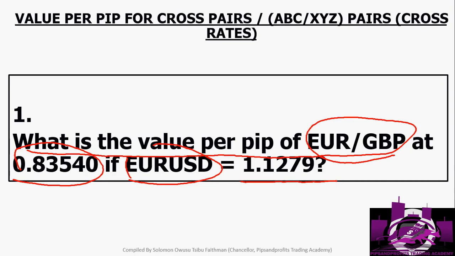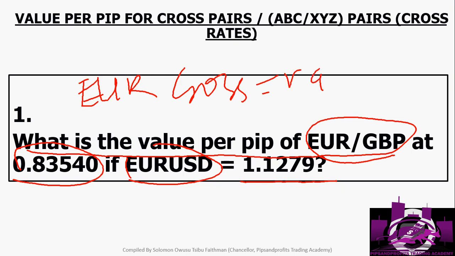Now, try and work out the answer for me. We know that for euro crosses, if we are doing any conversion, remember yesterday we said that you multiply by the rate of Euro USD. So that is why you have the conversion rate over here.